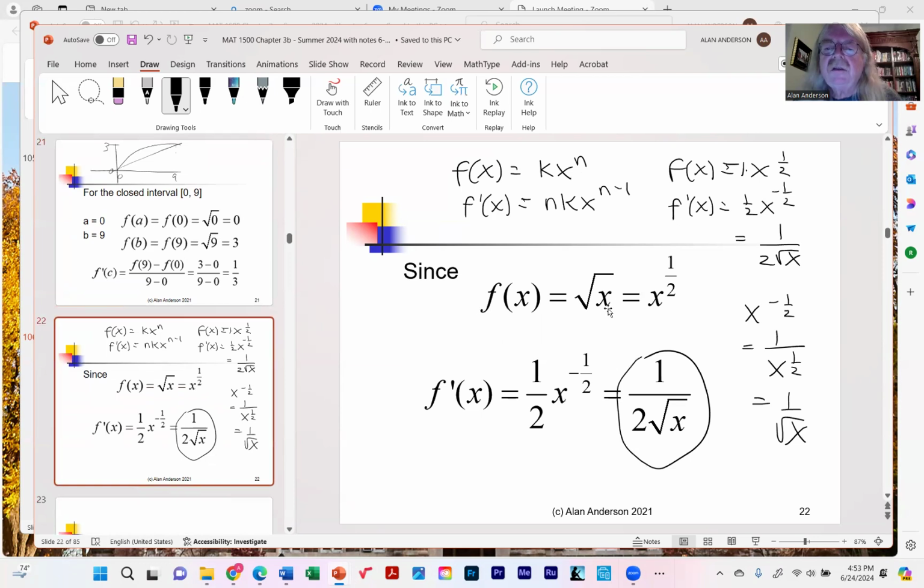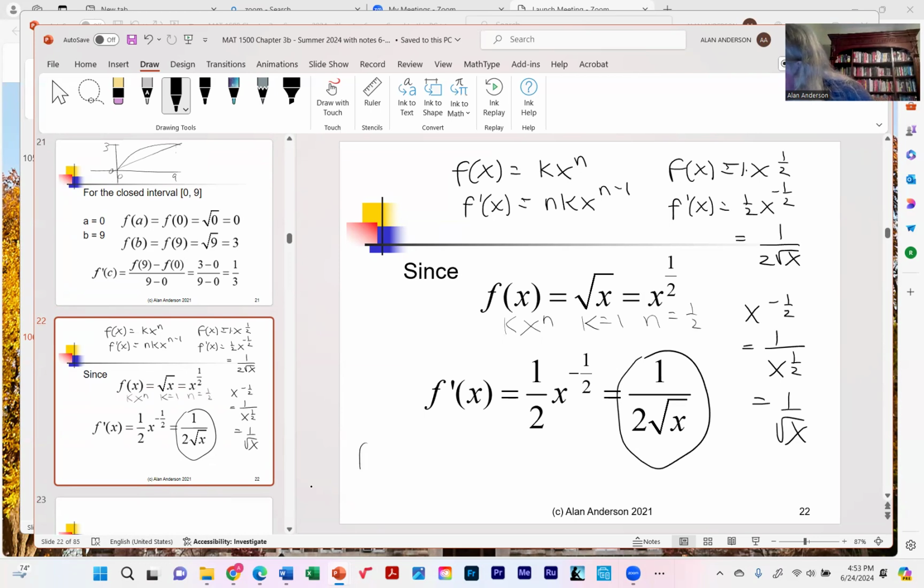Since the function is radical x, which is the same thing as x to the 1/2 power, from the power rule, that means that a is 1 and n is a half.